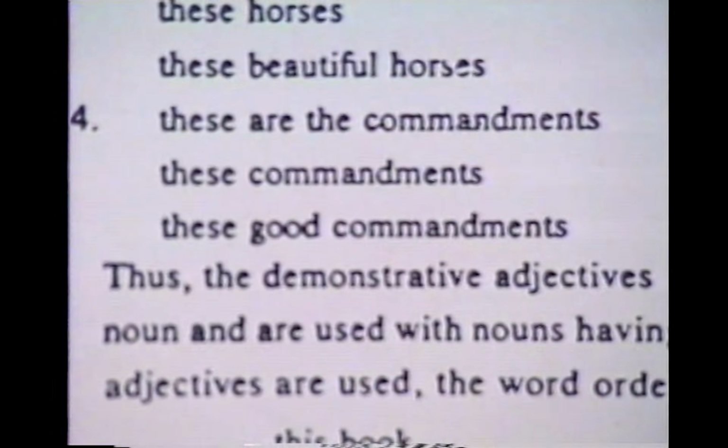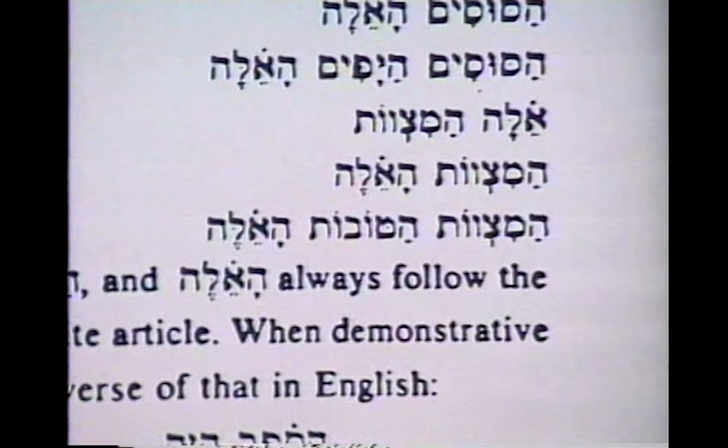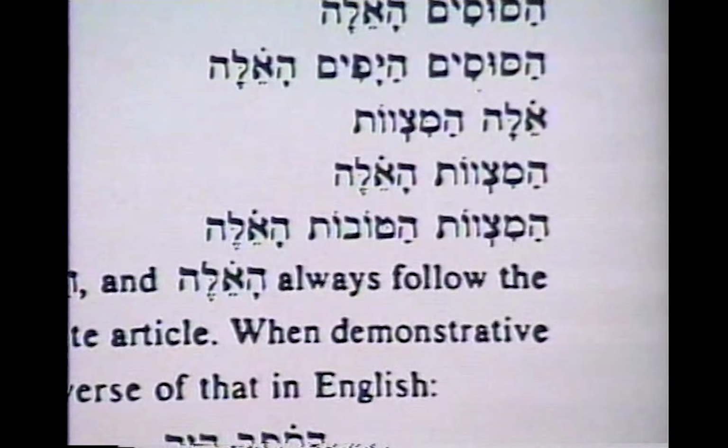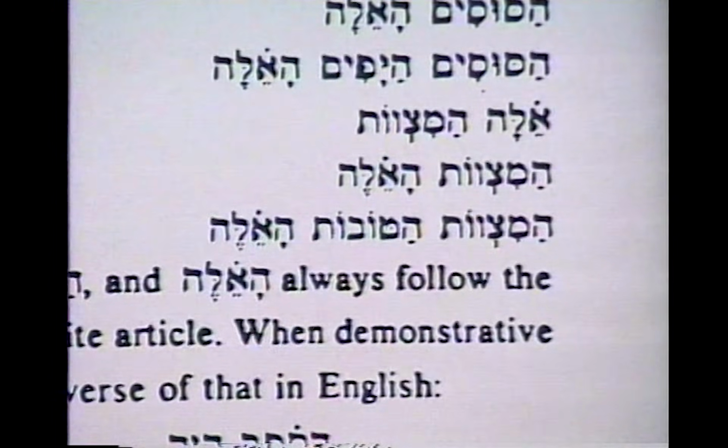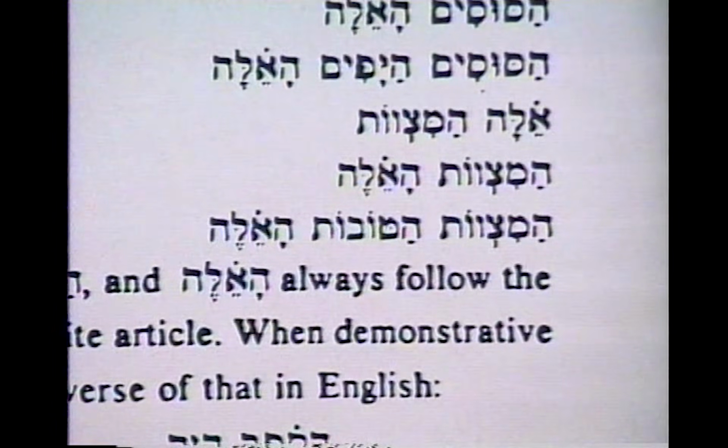These are the commandments, and these good commandments. Translate that into Hebrew. These are the commandments would be ele ha-mitzvot. Say these, and then you have to supply the are, the commandments. The second one down, we're trying to say these commandments.